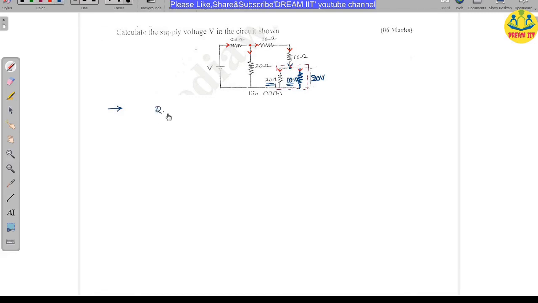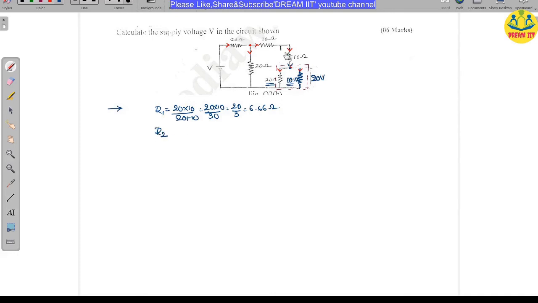So R1 I am reducing as 20 into 10 divided by 20 plus 10, that is 20 into 10 divided by 30, that is 20 by 3, 6.666 ohms you will get, that is R1. R1 is in series with this 10 ohms, so once again we will write it as R2.